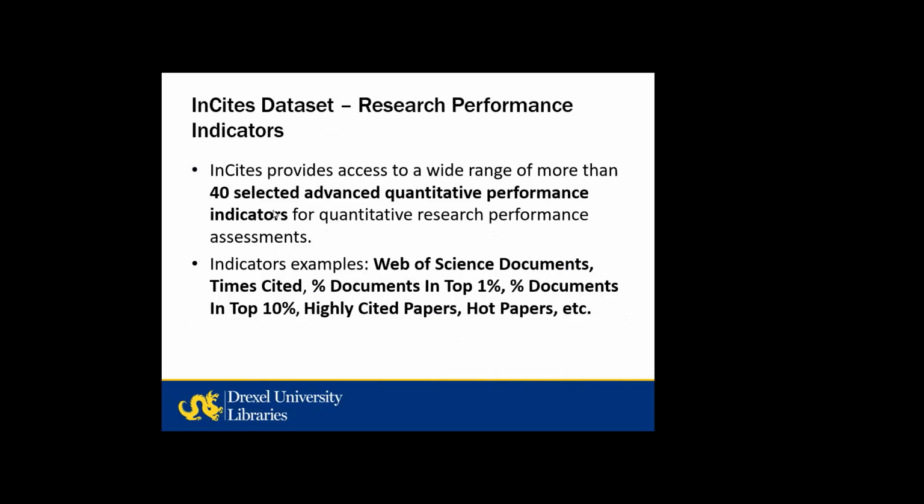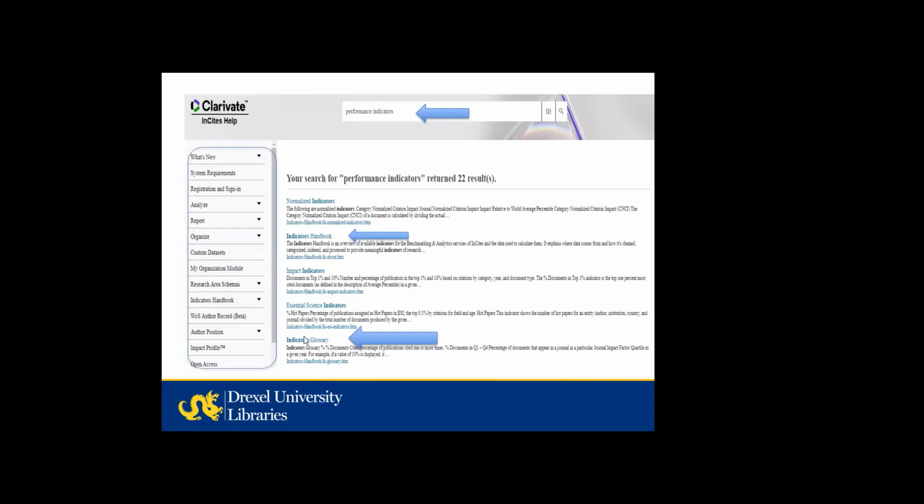Insights provides more than 40 advanced quantitative performance indicators, and some examples are Web of Science documents, times cited, percentage documents in top 1%, percentage documents in top 10%, highly cited papers, hot papers, and so on. All these details are given in the indicators glossary here.